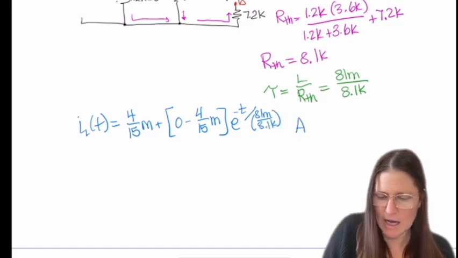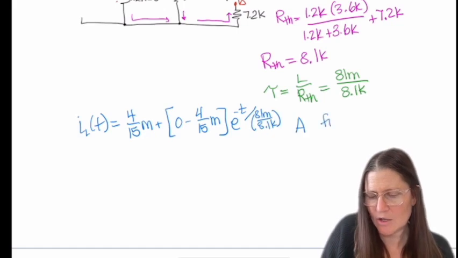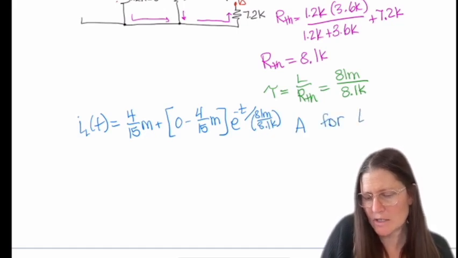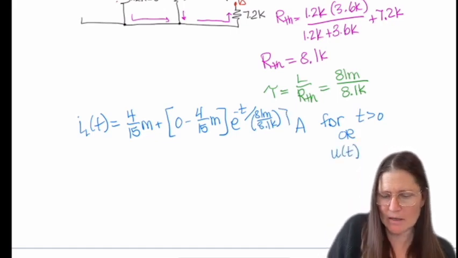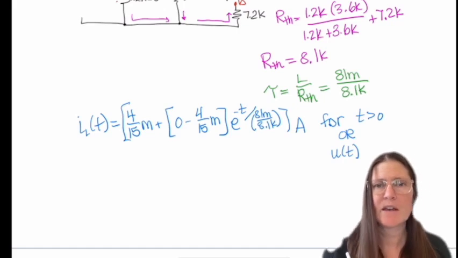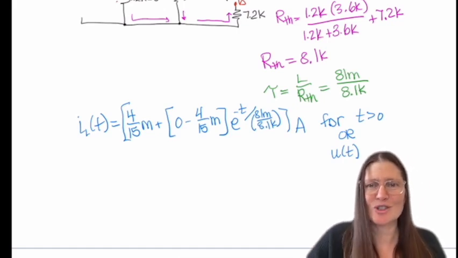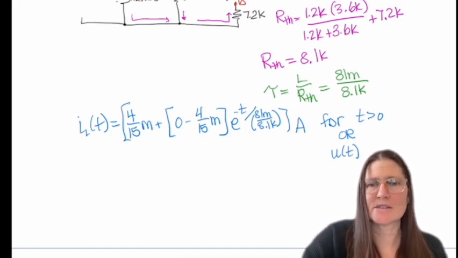And that will be in amps. You can write for t greater than 0, or you can just write u of t multiplied by this portion. So that would be the answer to this second problem.